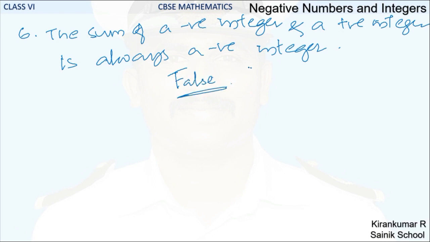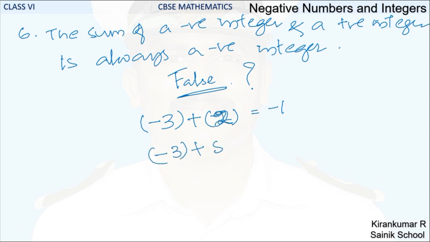Why is this statement false? If you have negative 3 added to positive 2, the result is negative 1. Whereas when negative 3 is added to 5, we get a positive number. Always we need to look at the larger absolute value. The sign of the larger absolute value will be considered along with the result.